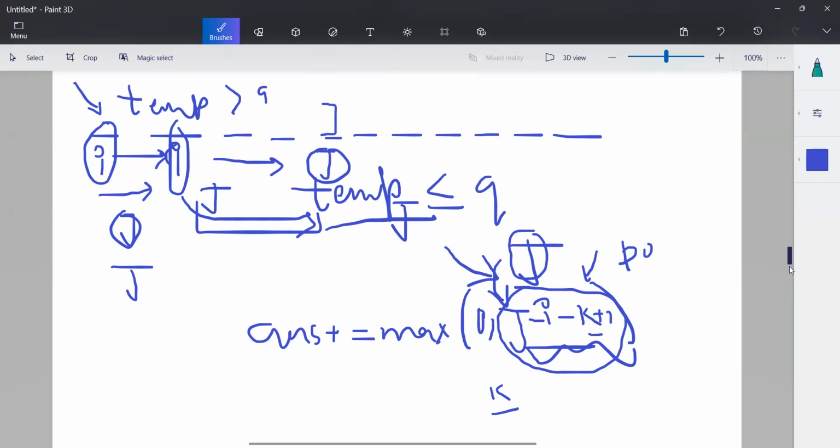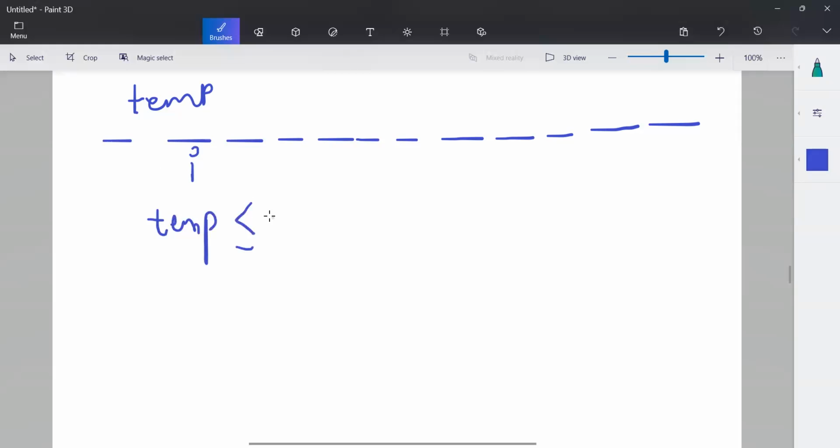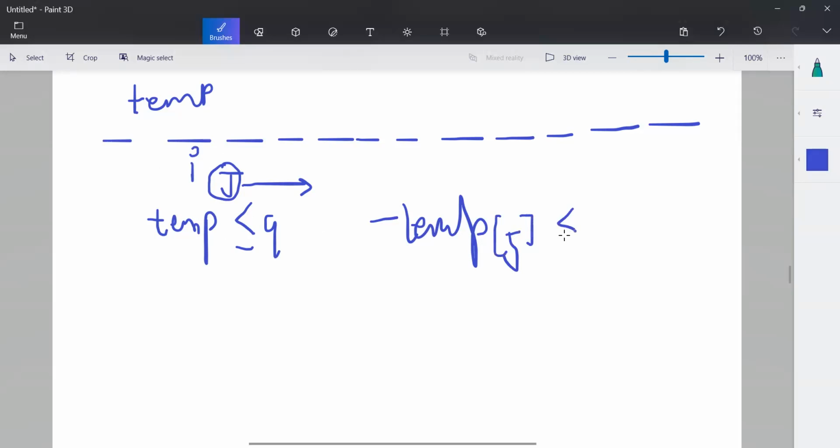Okay. So basically, if these are my temperature values, and my current I is here, and at I my temperature is less than or equal to Q, I'll maintain another variable J, and I'll keep incrementing J while my temperature at J is less than or equal to Q. For now, if this is true, what can I add to my answer?